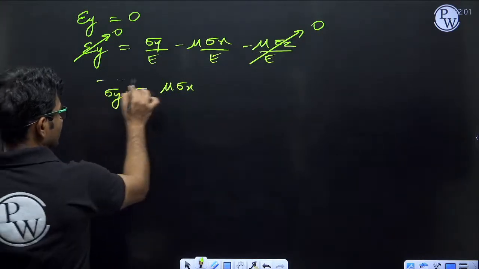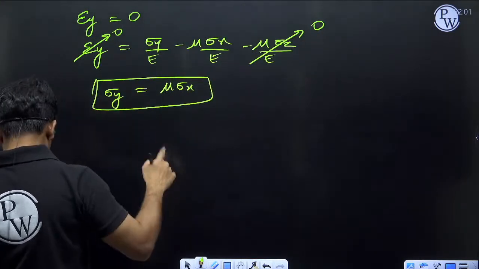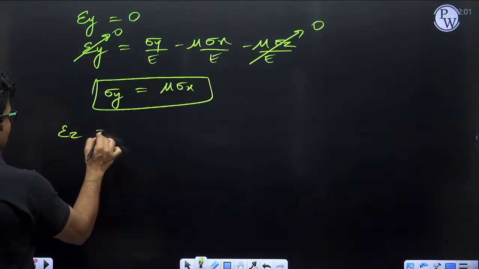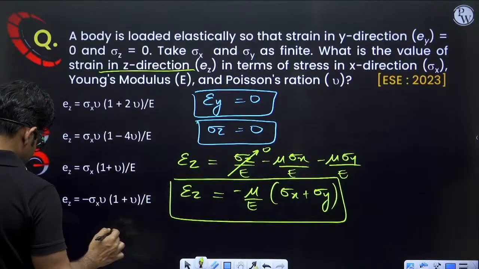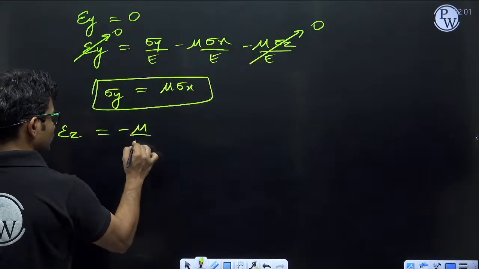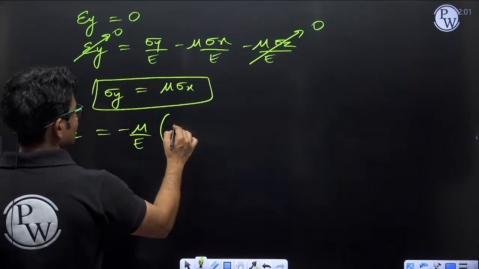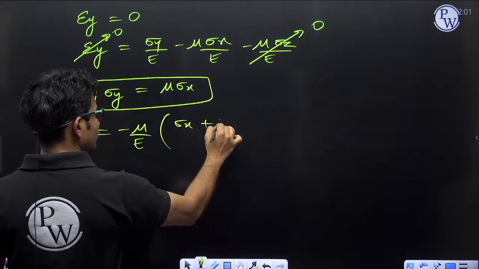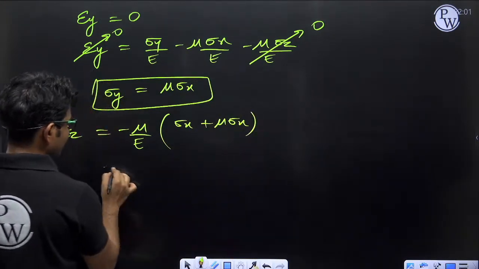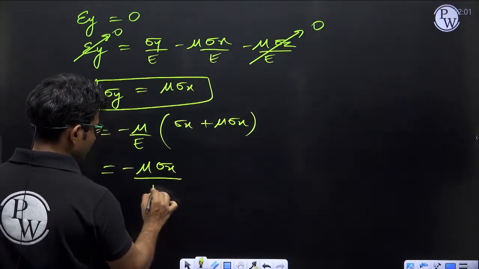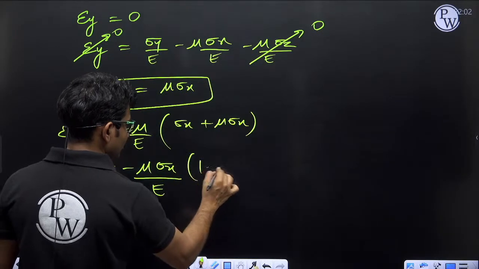So when we know sigma y is equal to mu sigma x, let us put it in this equation. So epsilon z is equal to minus mu by E into (sigma x plus mu sigma x). We'll be getting this. So minus mu sigma x will come common: minus mu by E into (1 plus mu).